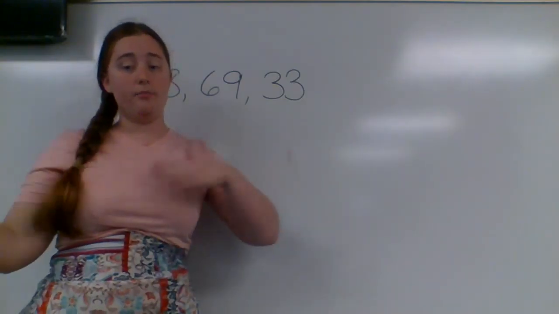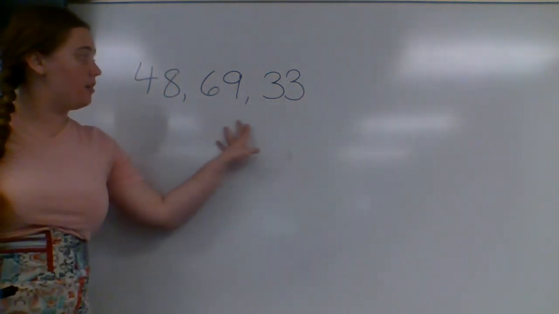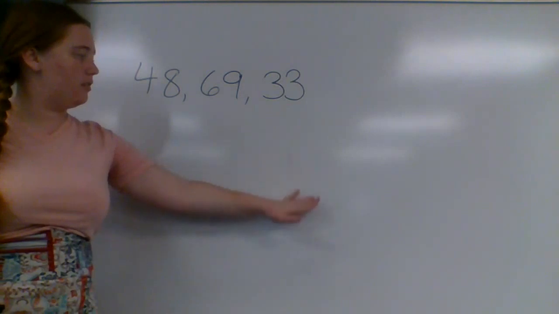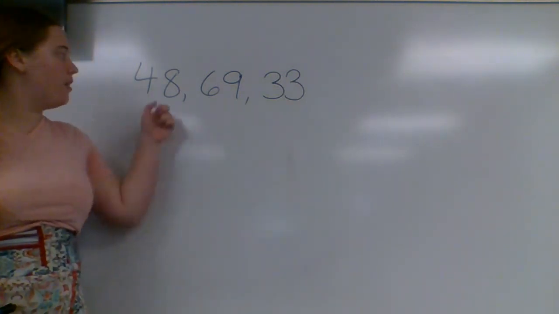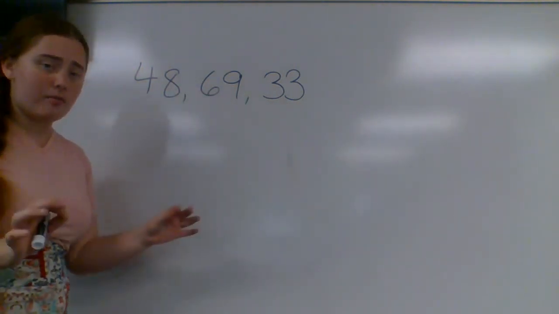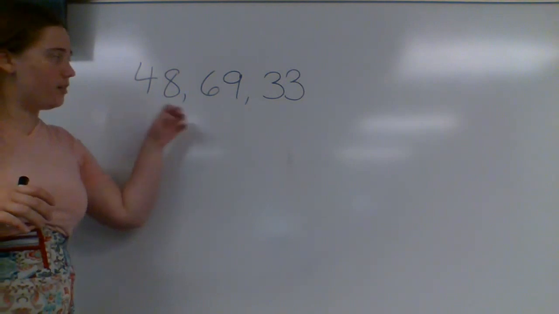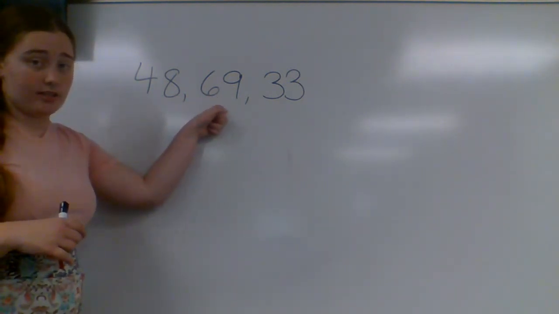So we have on page 288, number 3, this averaging that we have. At 48, 69, and 33, we need to average it together. Make sure you keep in mind, our biggest number here is 69, so my answer is not going to be larger than 69.